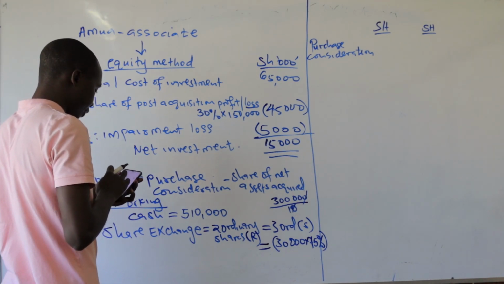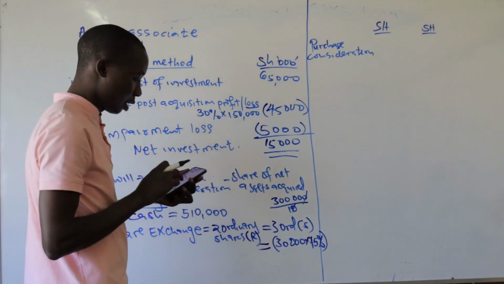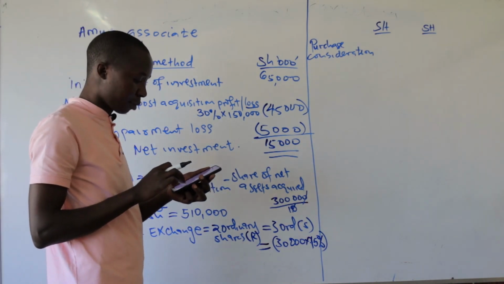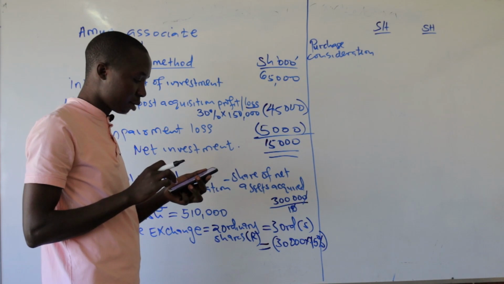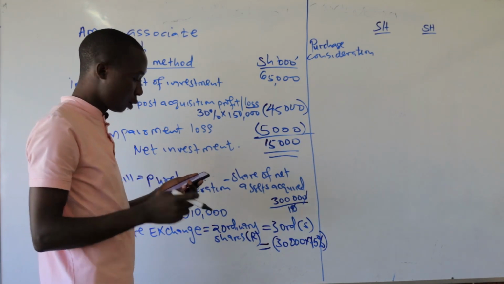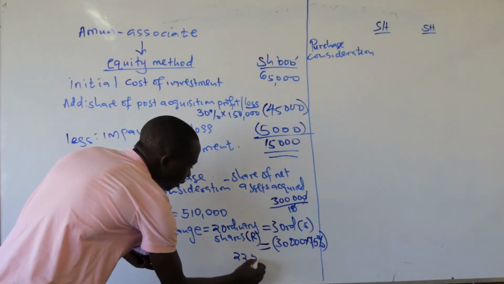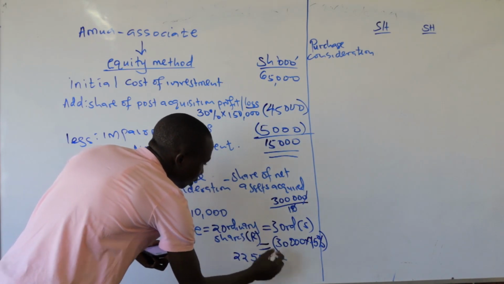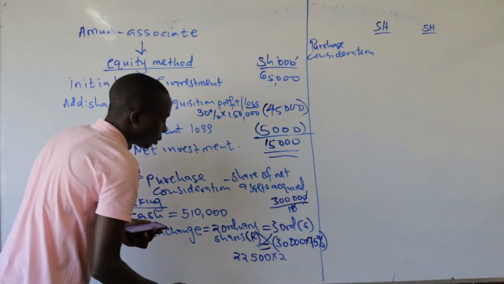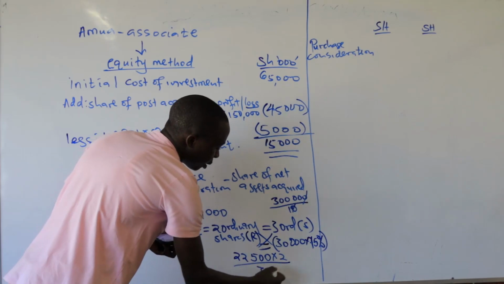0.75 times 30,000. So that is 22,500 times 2, because we are doing a cross multiplication, so times 2 divided by 3.